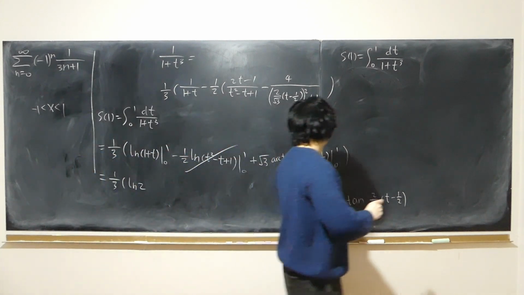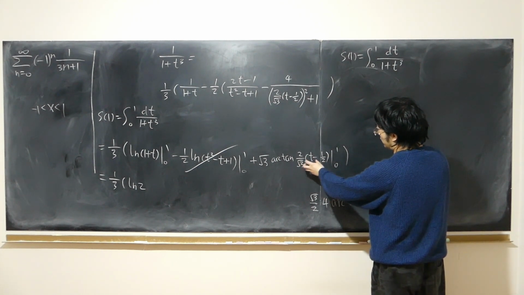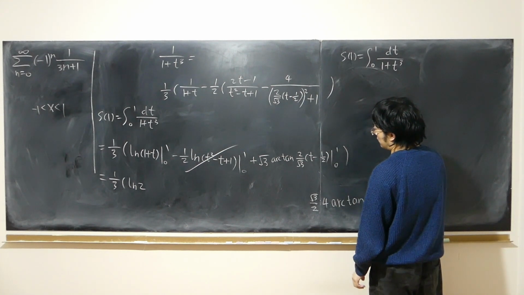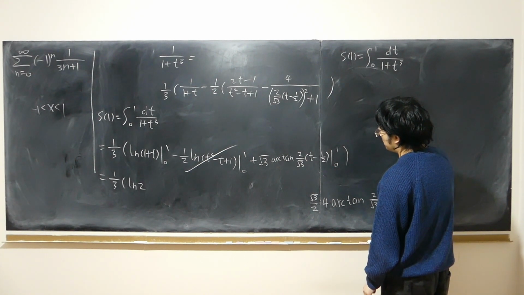How about this? Arctangent, if we substitute 1: 2 over the square root of 3 times half, arctangent of 1 over square root of 3. I believe that's pi over 3. No, pi over 6.